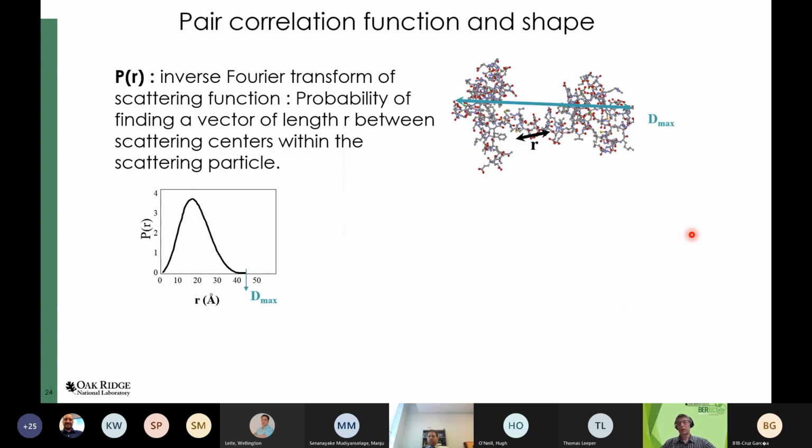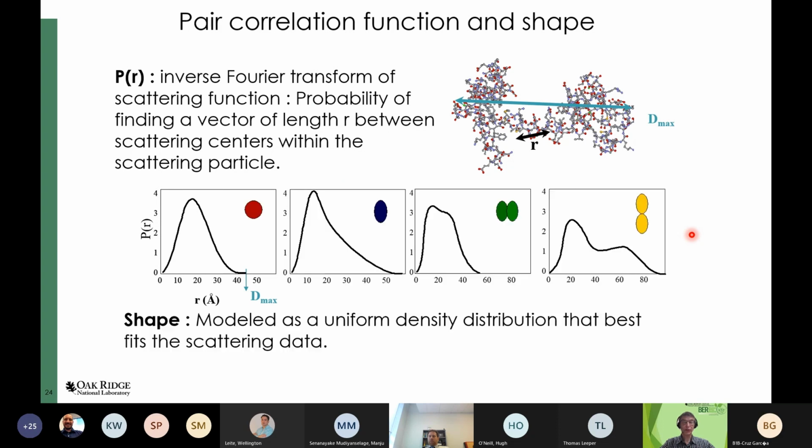Okay. I think I'm going a little longer than I thought. So this is the pair correlation function analysis I mentioned earlier. If you're scattering from objects, the idea is that I have distance distributions within that scattering particle, and then if I have different shapes, they will show up as different distinct pair correlations.